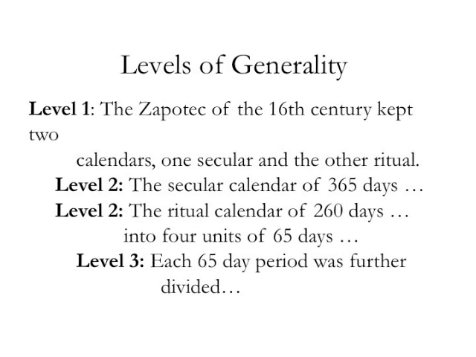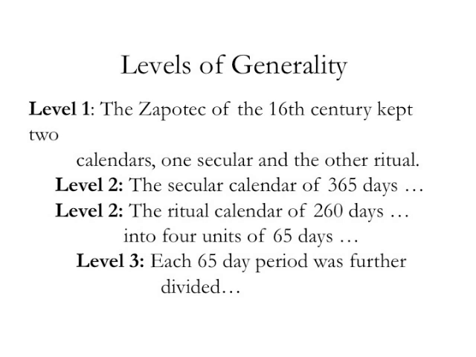This may not be the best piece of writing that you've ever come across, but it does exemplify a good use of the levels of generality, and I think that we can learn something from it. It begins where it should, with a broad generalization about the Zapotec. The Zapotec, it tells us, kept 2 calendars, one secular, the other ritual.